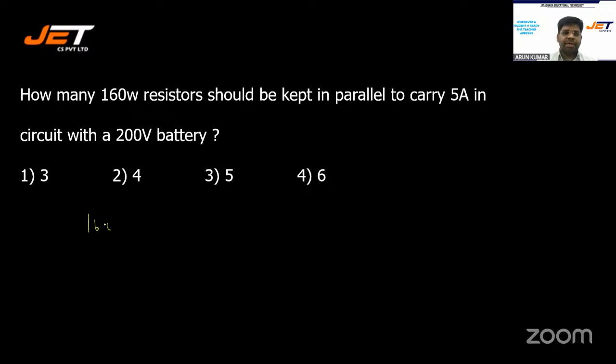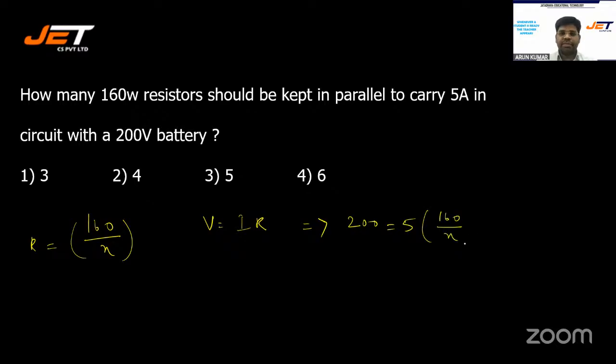So 160 by X is my effective resistance. V is equal to IR. 200 is equal to 5 into 160 by X. X is equal to 4. Option 2.